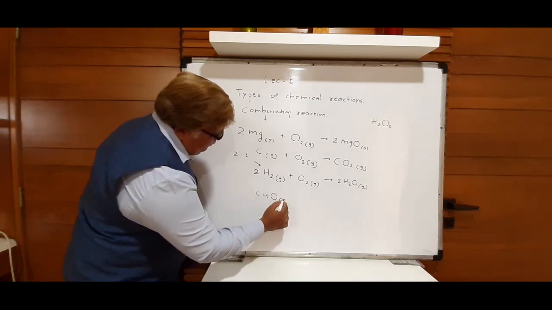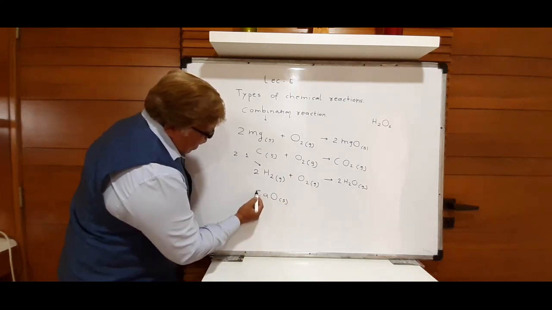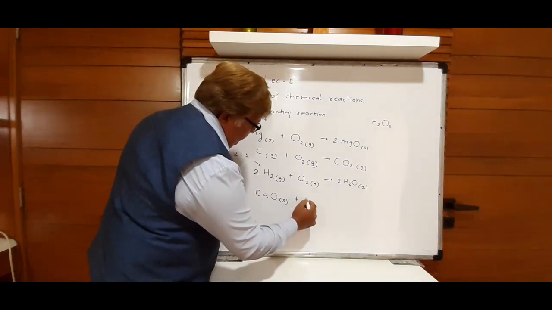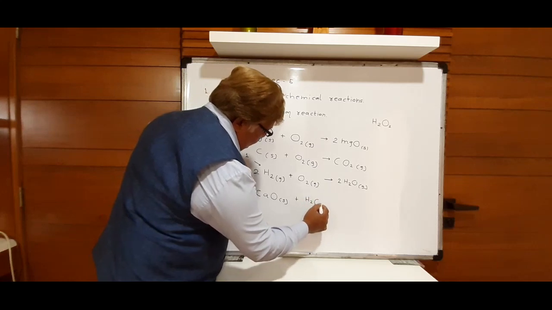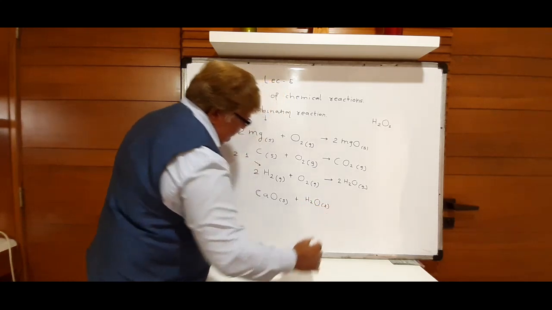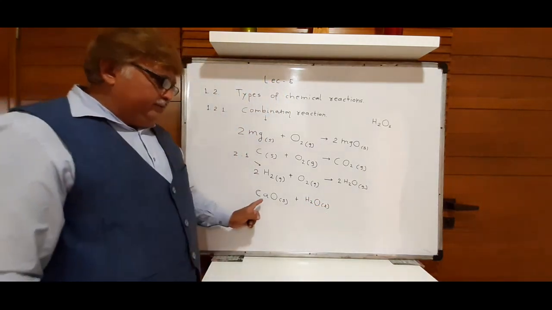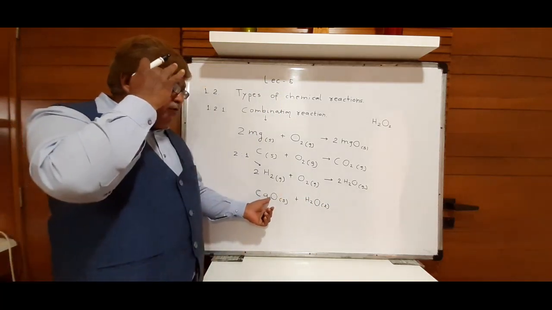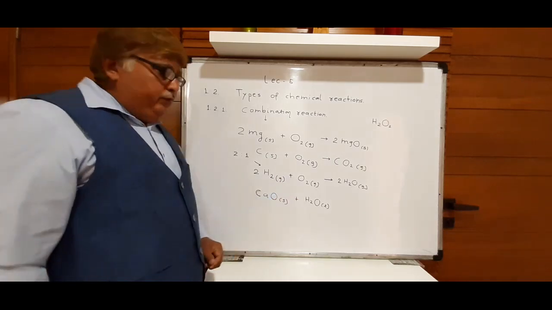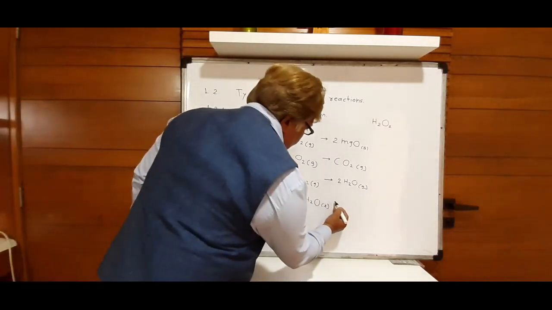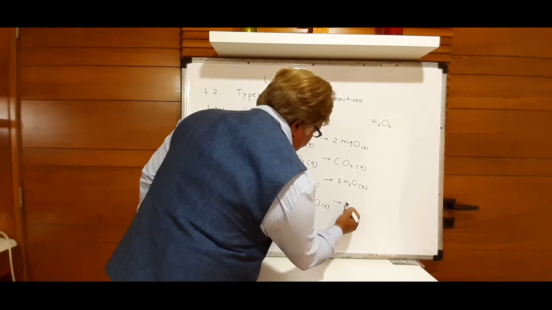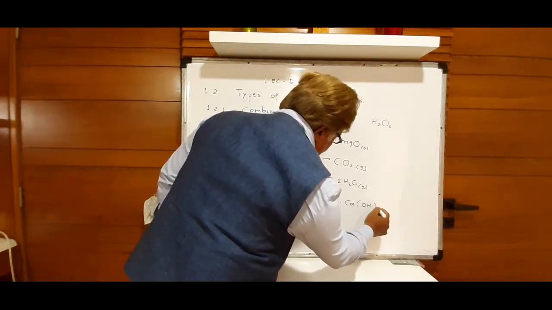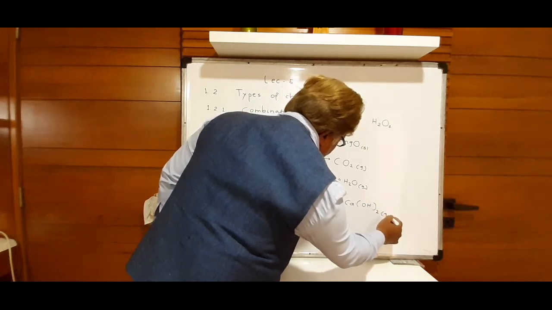Calcium oxide, CaO, when added to water, means when calcium oxide, speaking in simple way, reacts with water, it forms calcium hydroxide, that is aqueous solution.